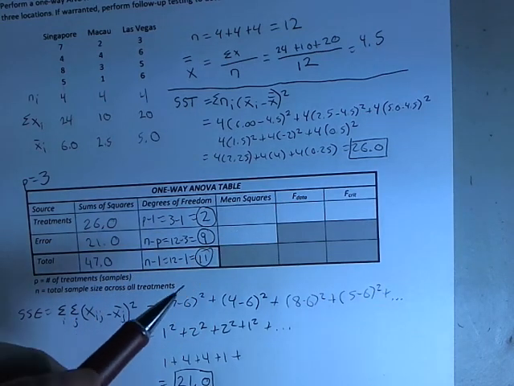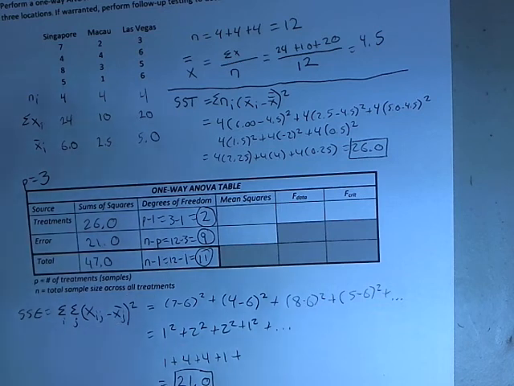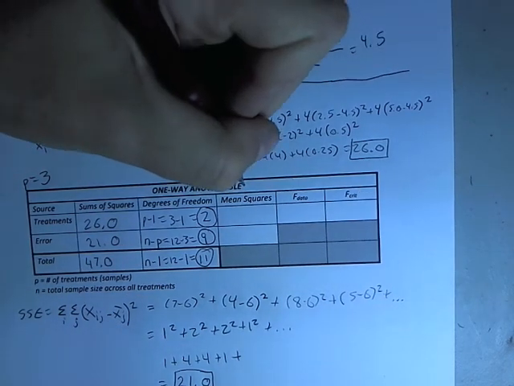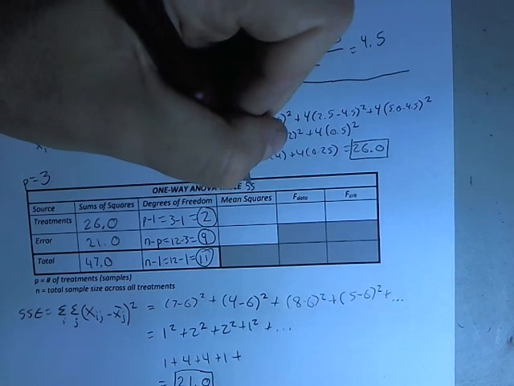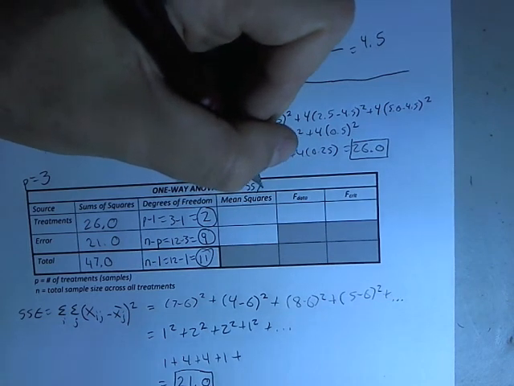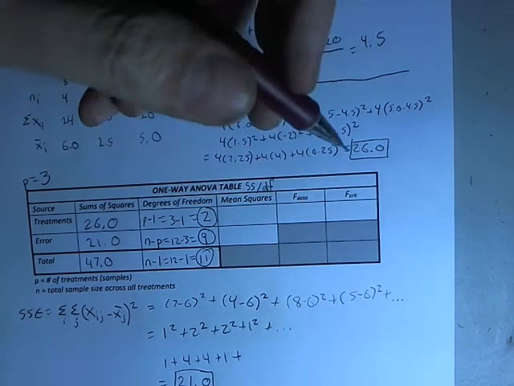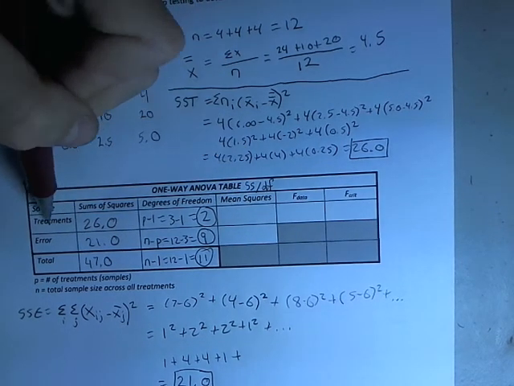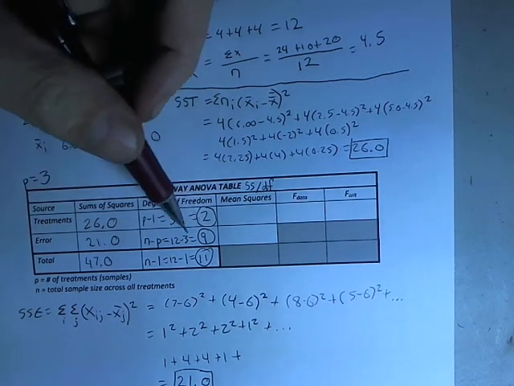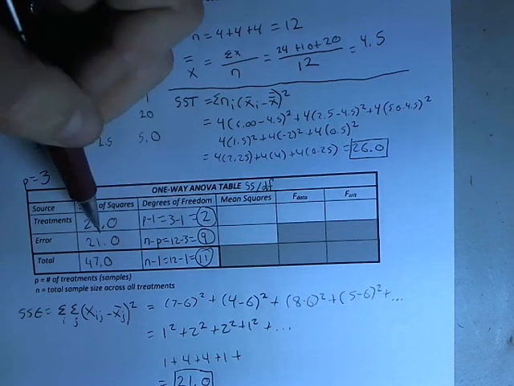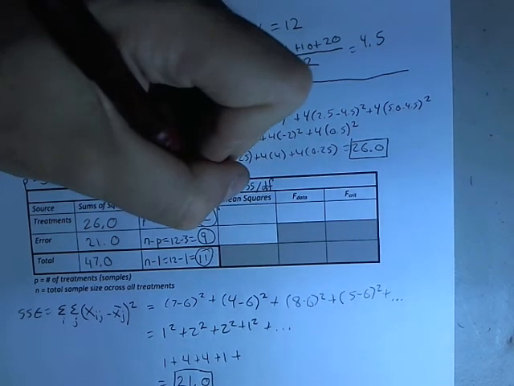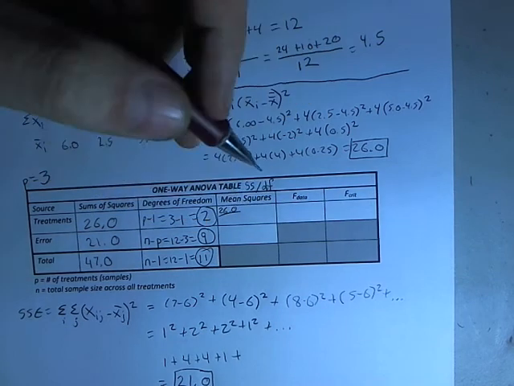Next measure that we're going to calculate is called the mean squares value, and we're going to arrive at this by dividing the relevant sum of squares by the relevant degrees of freedom. So we'll be doing this ratio twice, once for the treatments information and once for the error information. So my SS treatments is 26.0.